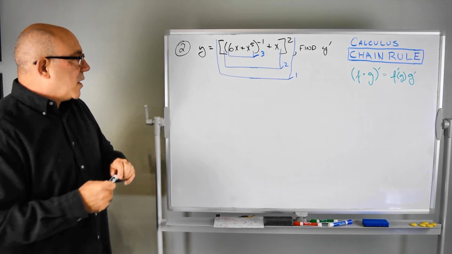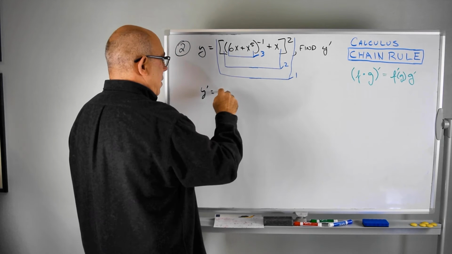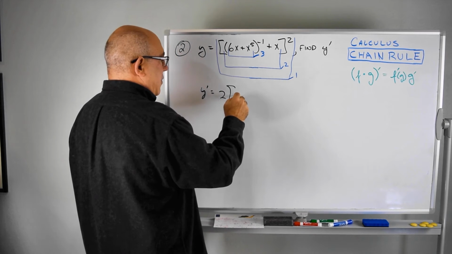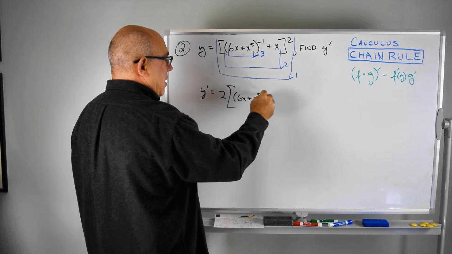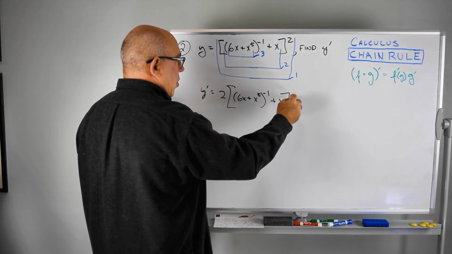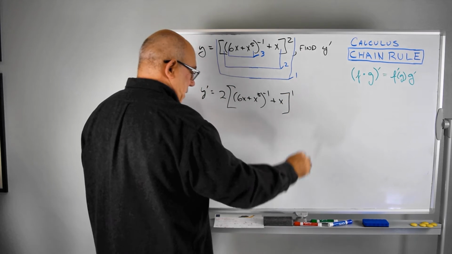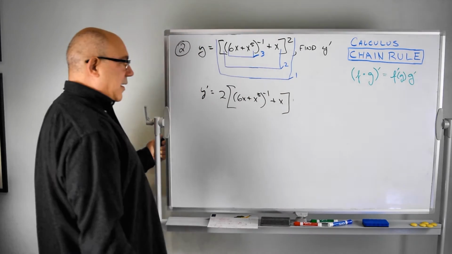So let's start. We get y prime equals 2 times the bracket stuff, which is 6x plus x to the 5th to the minus 1 plus x, all to the 1, which we'll just call straight away like that.